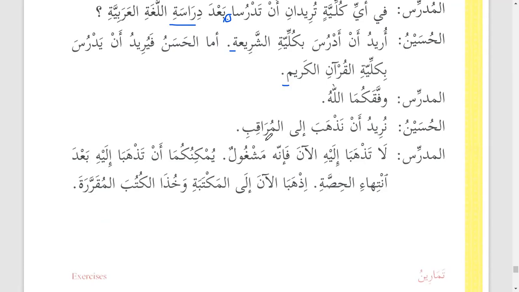Muraqib is also used for invigilator, the one who takes care of the students during the exam. So we also call that muraqib, and the guardian is also called muraqib, the one who takes care of the affairs of the students. Nuridu an nadhhaba ila al-muraqibi, we want to go to the guardian.